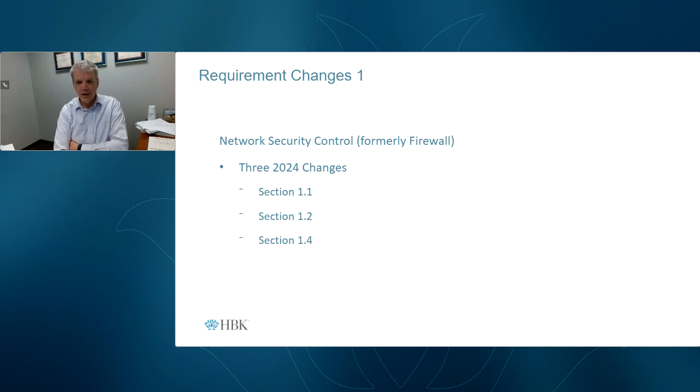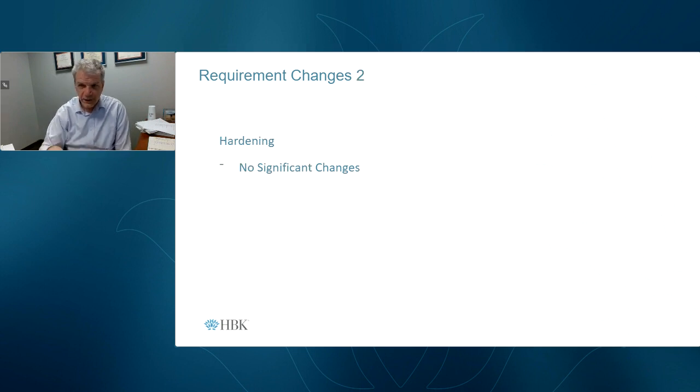Requirement 1.2 makes the DMZ, or the demilitarized zone, no longer a direct requirement. And then section 1.4 talks about cardholder data environment. So changes there. This is the hardening requirement. So there were no significant changes. This is the only area of the 12 that had no significant changes.